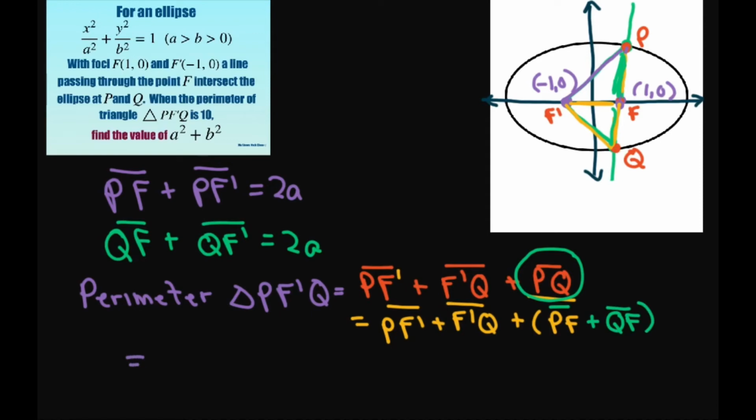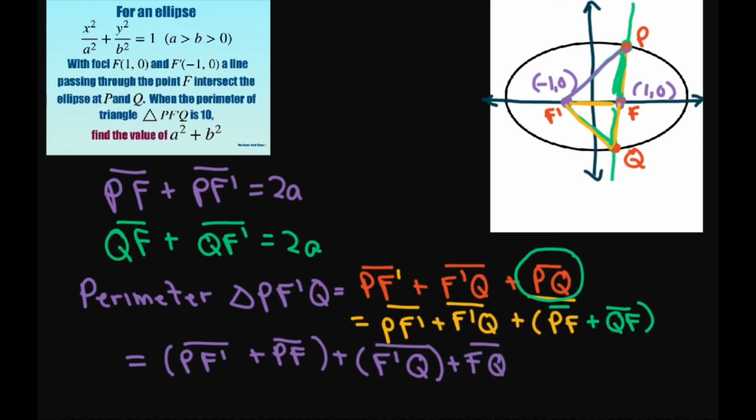Now, let's rearrange everything. This gives us PF' plus PF plus F'Q plus FQ. Now that we have that, using substitution, we know this equals 2a and this one equals 2a.